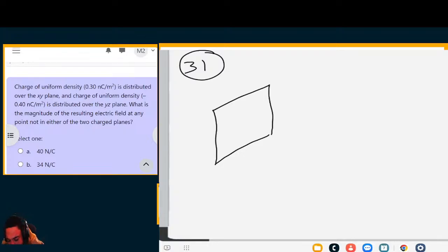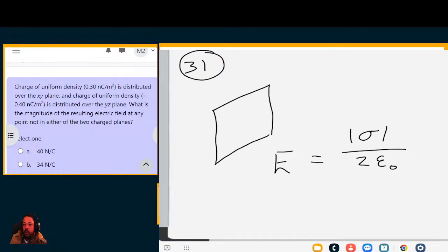The electric field is equal to the absolute value of the charge density divided by 2 times the permittivity of free space. It's permittivity, right? It's permeability when you're using magnetism. That is how you calculate the electric field due to a charged plane.